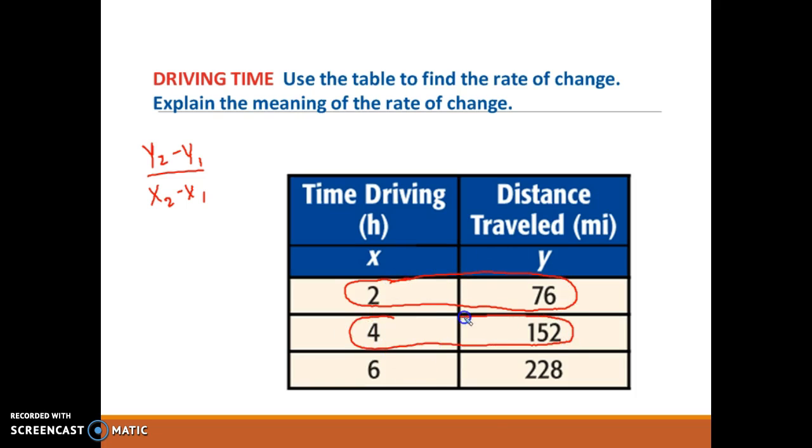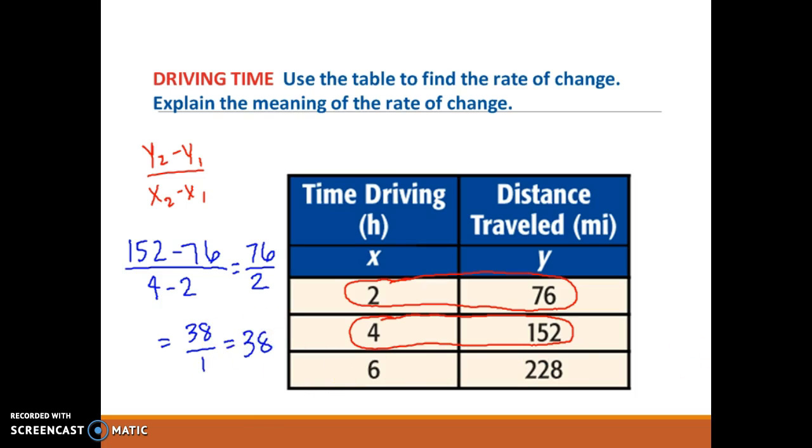So on top I can put 152 minus 76, and then on the bottom, because I started with 152, I've got to start with 4, because that's what matches the 152. 152 minus 76 is 76, 4 minus 2 is 2, and then I can simplify that to 38 over 1, or just 38. So my slope, or my rate of change, is 38.